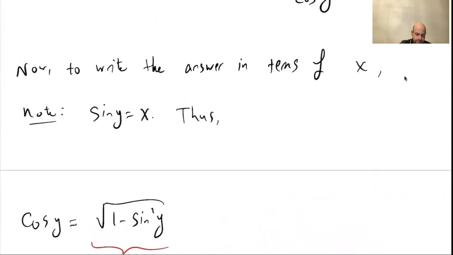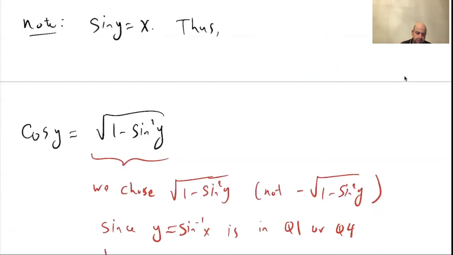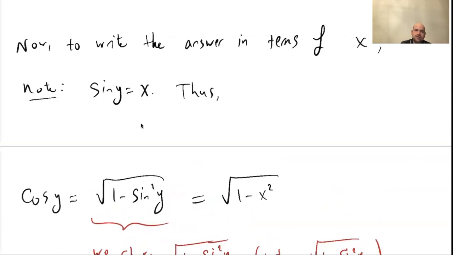So cos y that we had here is root 1 minus sine squared y. But what is sine y? Sine y is x. I just wrote here, sine y is x. So root 1 minus sine squared y will be root 1 minus x squared.